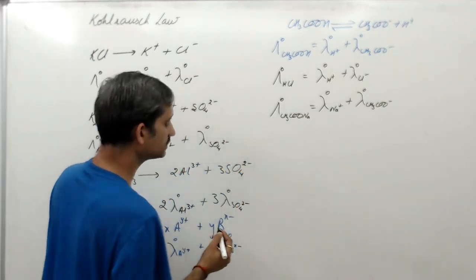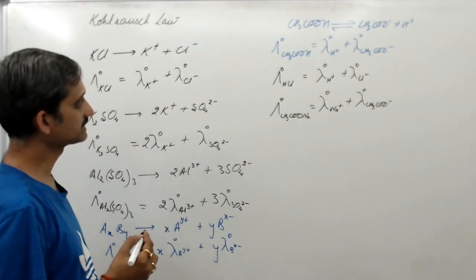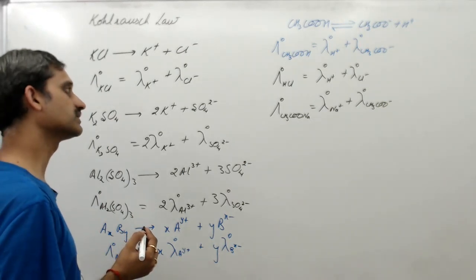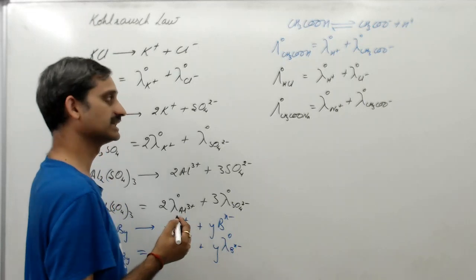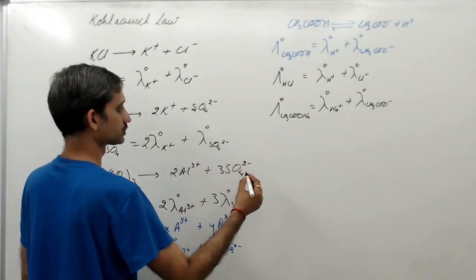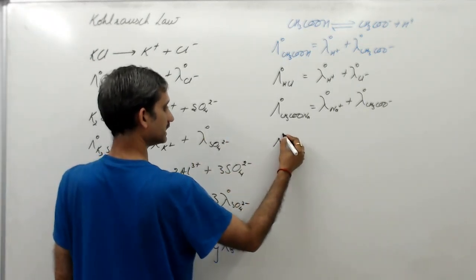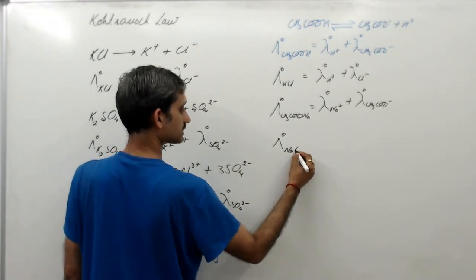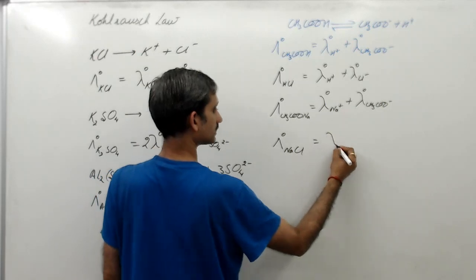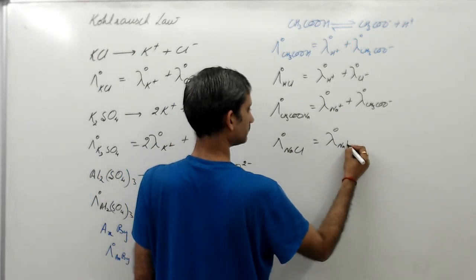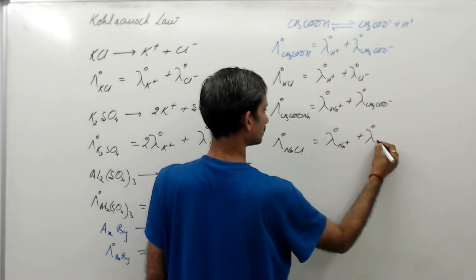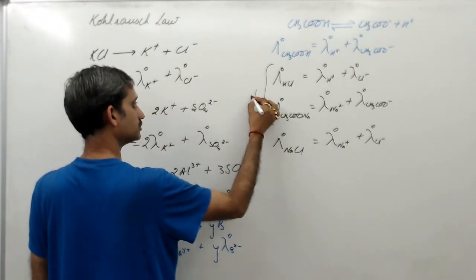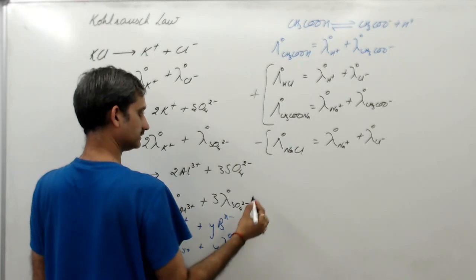If I add these two, I get the lambda naught of H plus, Cl minus, Na plus, and CH3COO minus. I get Na plus and Cl minus extra. So what I do is, I take lambda naught of NaCl, which is lambda naught of Na plus plus lambda naught of Cl minus. I add these two and subtract this.